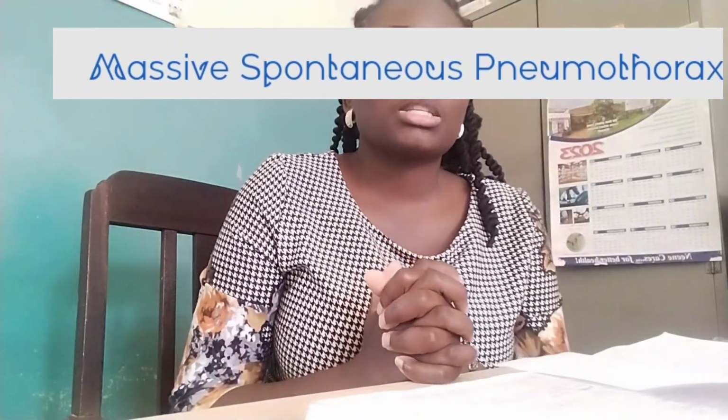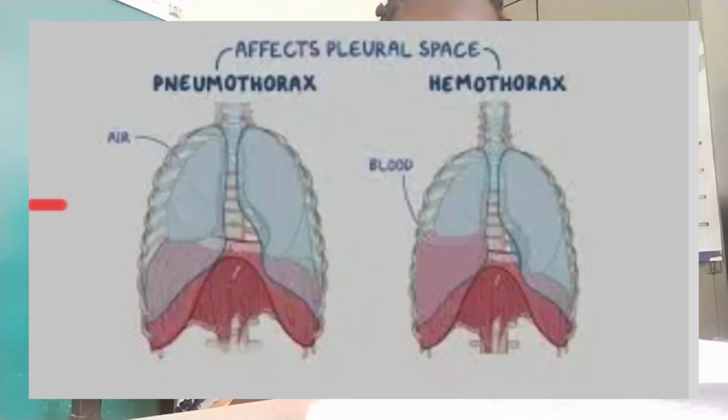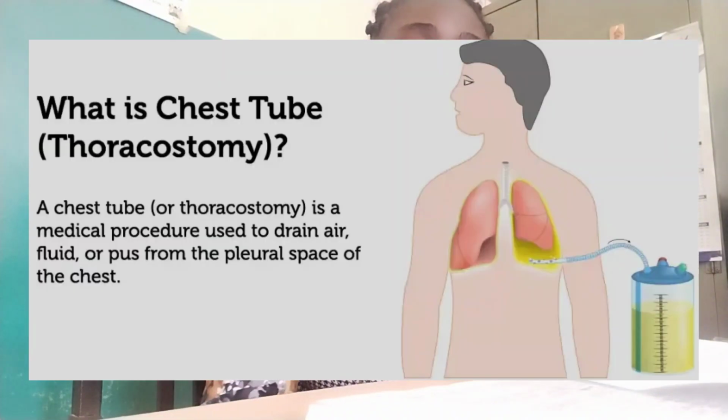Massive hemothorax is when there is an excessive volume of blood within the pleural cavity that affects respiratory function. This results in hemorrhagic shock. This shock can be treated by tube thoracostomy, with concurrent restoration of fluid volume.